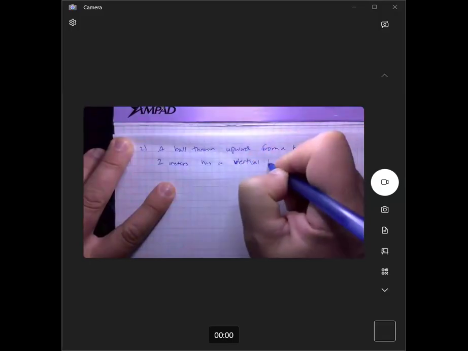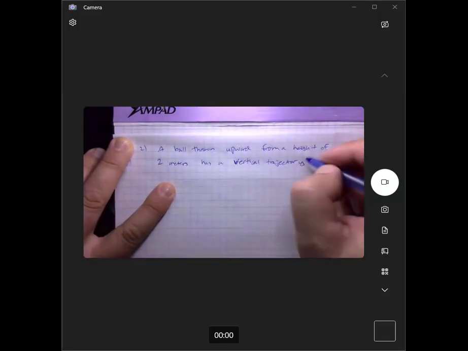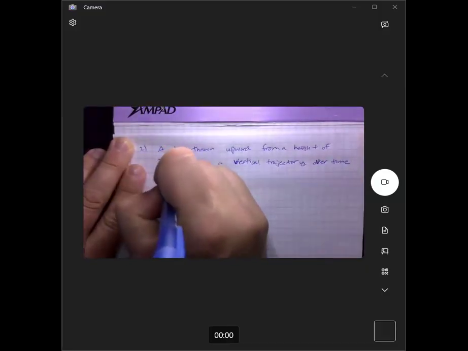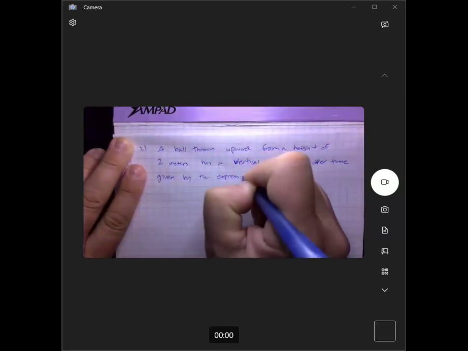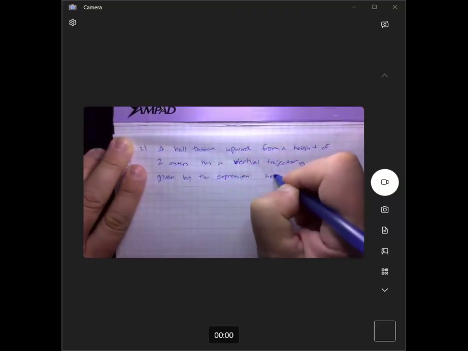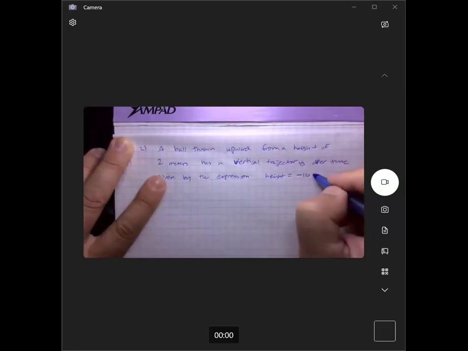So a way to tell how high the ball is over time, given by the expression height equals minus 16 times time squared. So here I'll use t because it's time, plus 20t plus 2.